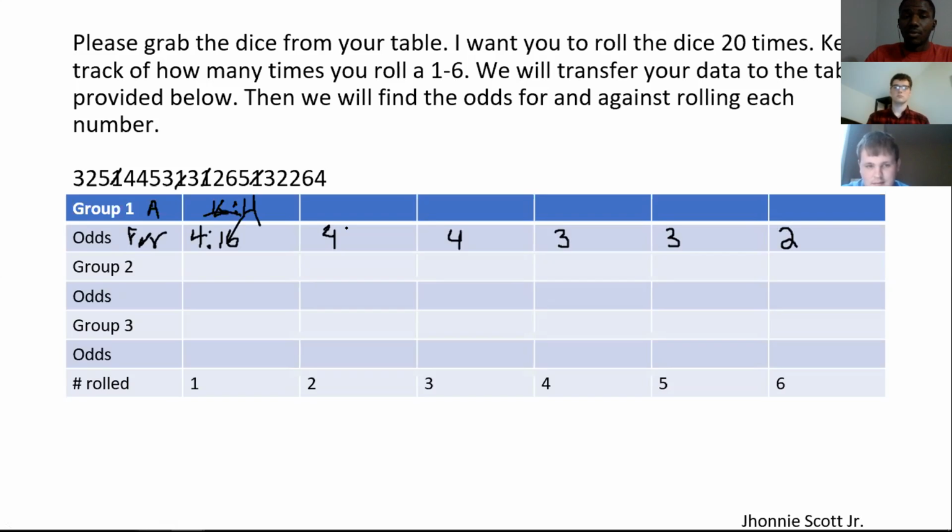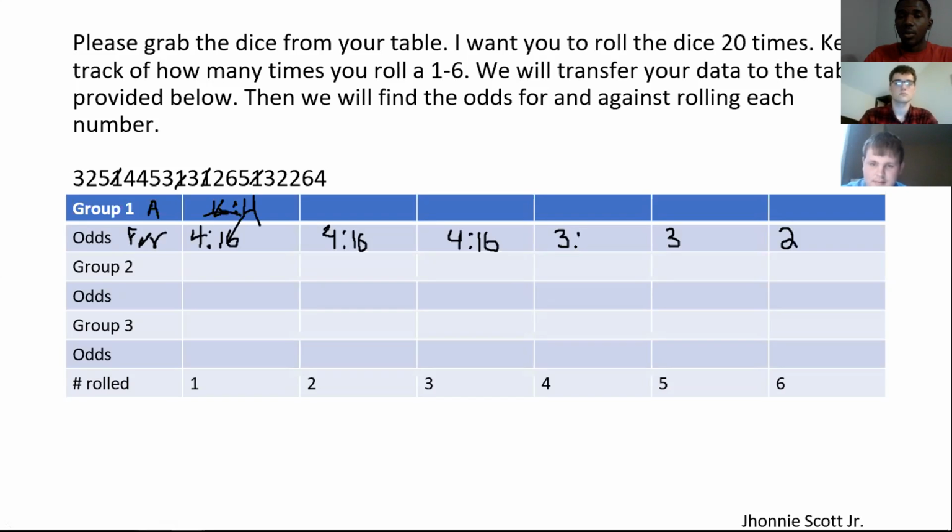So now, remember, we need the numbers in each column, the left and right, to equal 20. So 20 minus 4 would give us the remainder. So this one, same as the first one, 16. Let's come over to 3. It's going to be the same as the one before, 16. Now we want to come over here to 4. What is 20 minus 3? 20 minus 3 is 17.